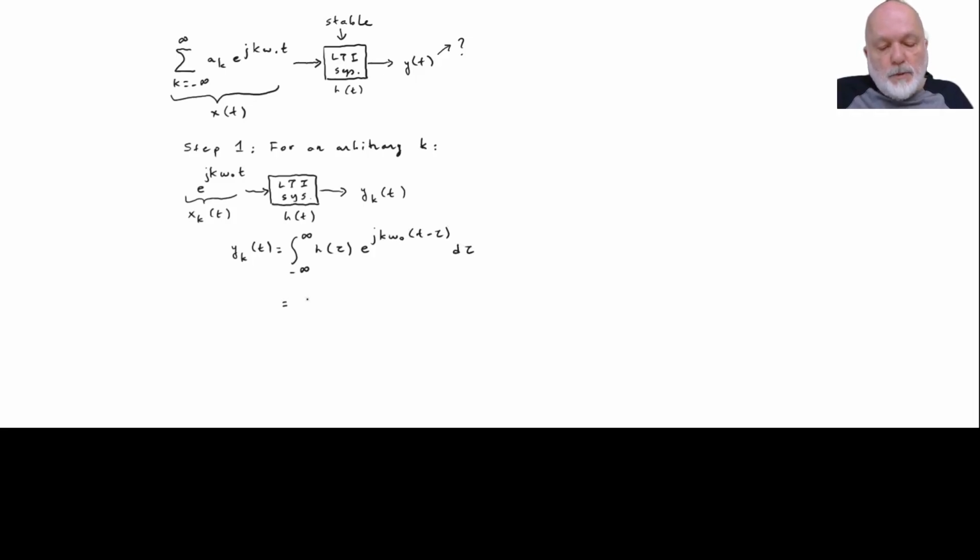Now this is equal to e to the j k omega 0 t taken outside the integral, since the convolution integral is with respect to tau, and the remaining integral is h of tau e to the minus j k omega 0 tau, integrated with respect to tau.